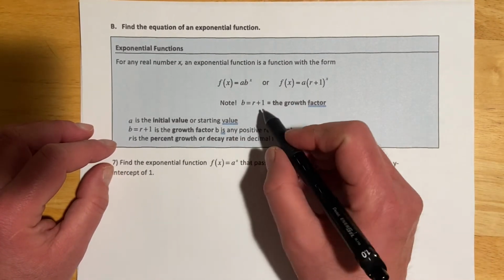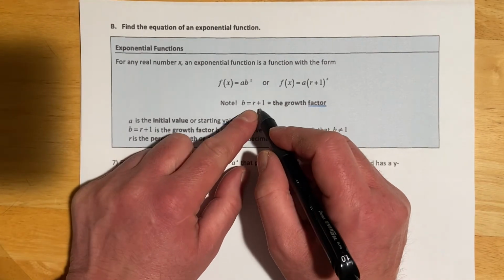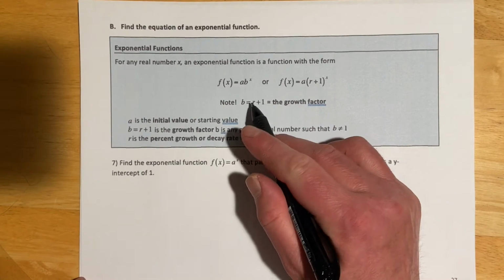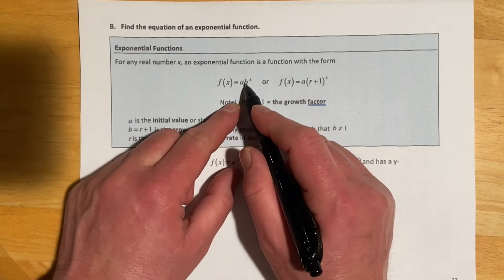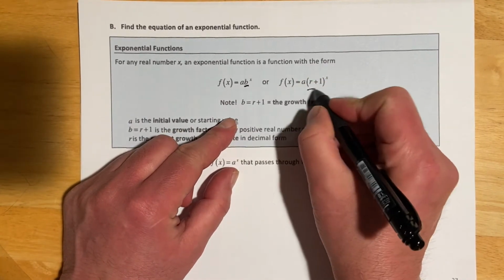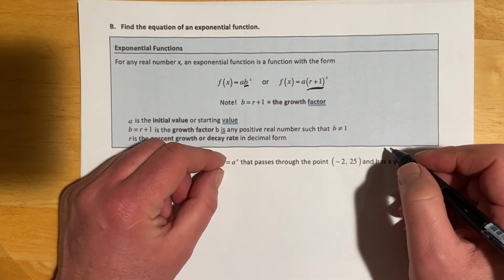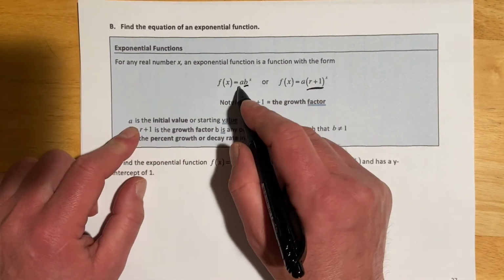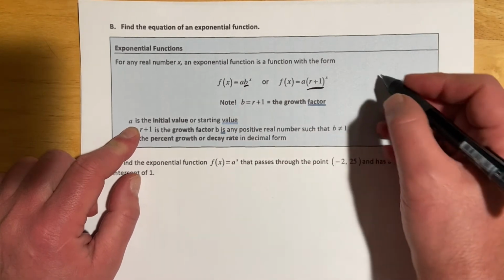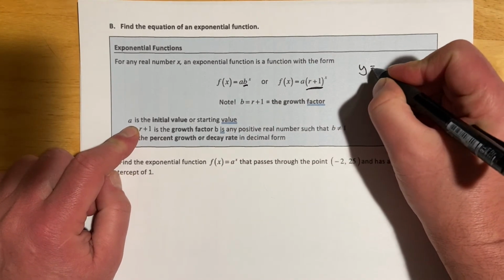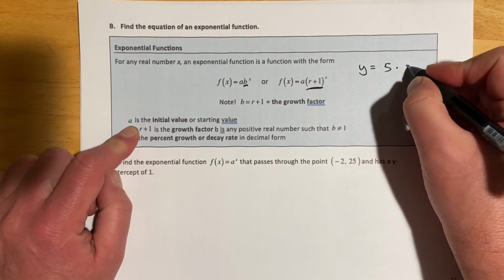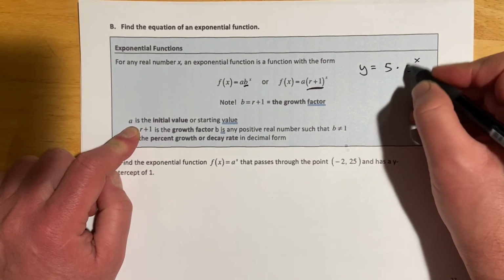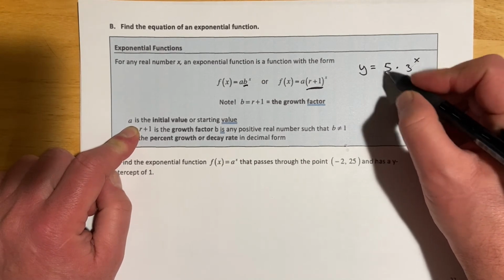And then this b, this base, will be a growth factor or a decay factor depending on the sign of the rate. But the b in this formula is the exact same thing as the r plus 1 in this formula. So the same formula, a is going to turn out to be our initial value. Because if we think about something like y equals 5 times 3 to the x, if x is 0, this piece becomes 1, and then 5 is our initial value.